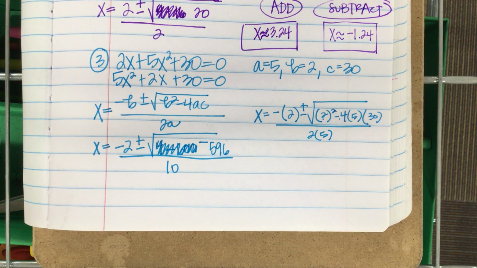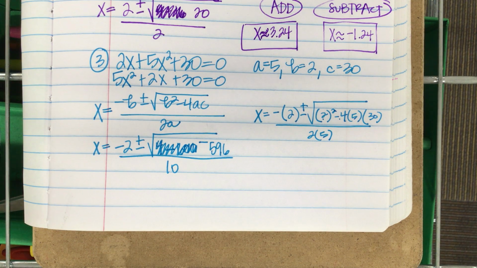What do you get? Hey, grab a calculator. Press the buttons. Negative 2 plus square root negative 596. Press enter and then divide by 10. It says domain error.